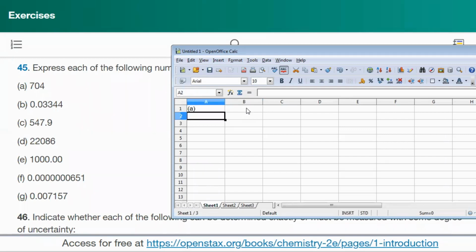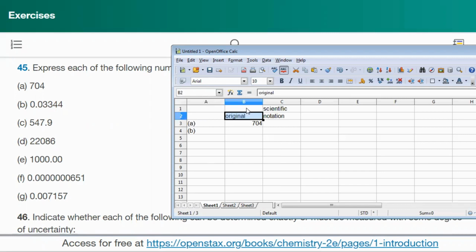I hope you can read what I'm doing in the spreadsheet. So we have 704, and in column C, this is going to be the original. So I'm going to use the original notation.